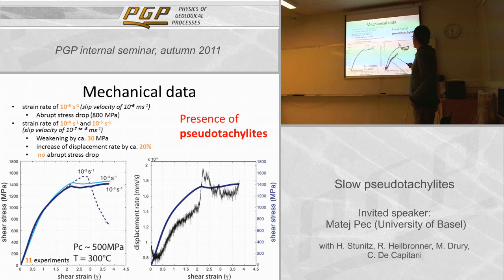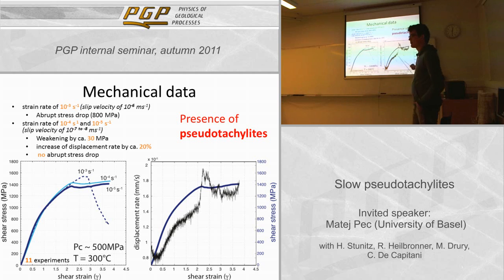What we observe though is that the displacement rate, this would be very highly stretched, so this is 10 to the minus 5 millimeters per second, so 10 to the minus 8 meters per second, goes from 1 to roughly 2, so we have here a factor of 1 in this black curve, and we can see that the displacement rate increases by about 20% when the sample weakens.